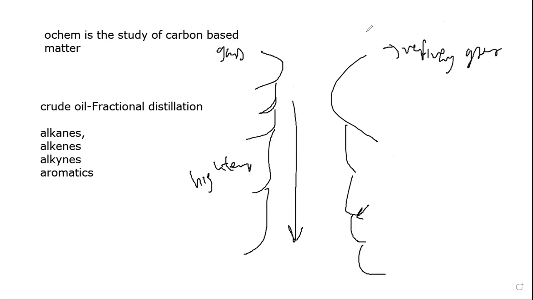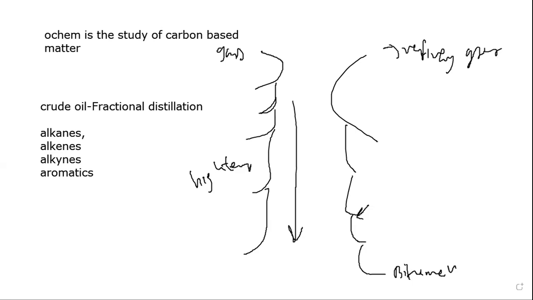But as you go down, the carbon chain actually gets longer. At the bottom, you'll have your bitumen that's used for roads.